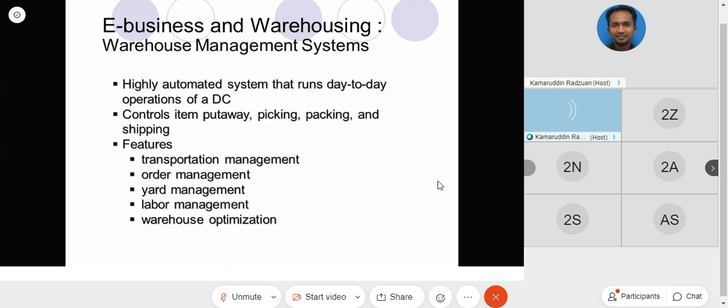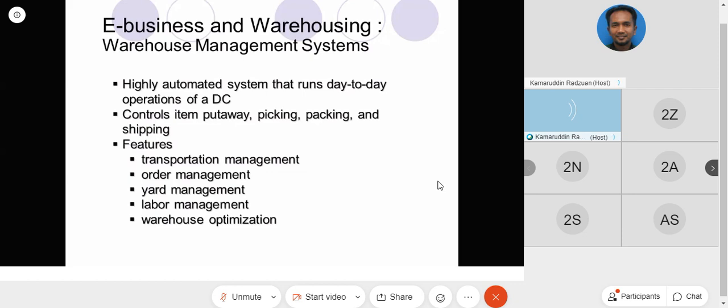And we have order management to manage the order from the customer. Yard management is about the handling activity in the warehouse. Labor management is about the recruitment and staffing of the employees that work in the warehousing.